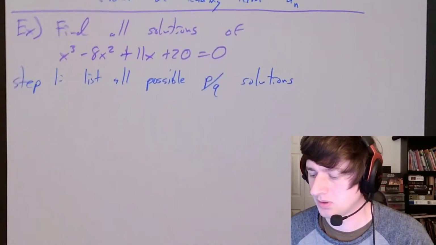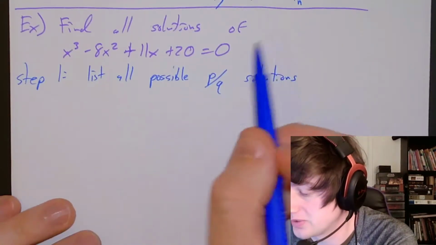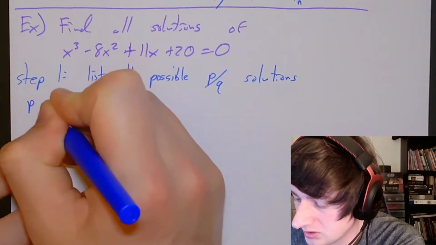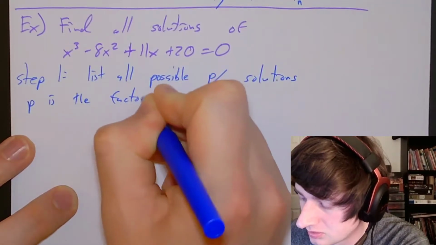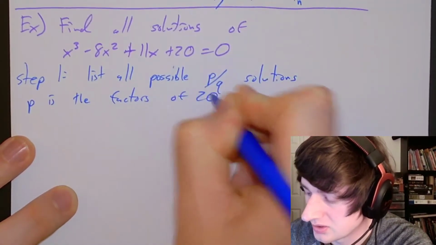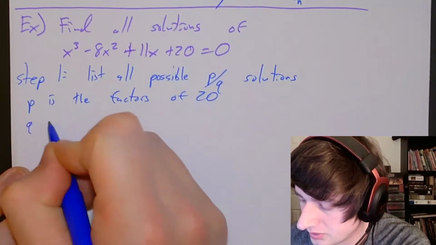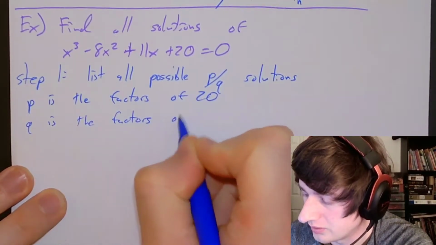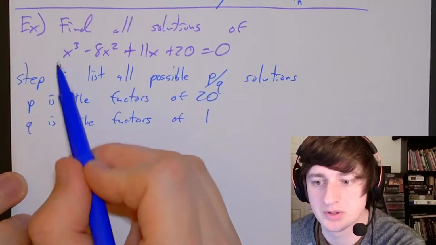Okay. So P is all the last numbers. So from this 20, P is the factors of 20, this last number. And Q is the factors of 1, this front number, the leading coefficient.